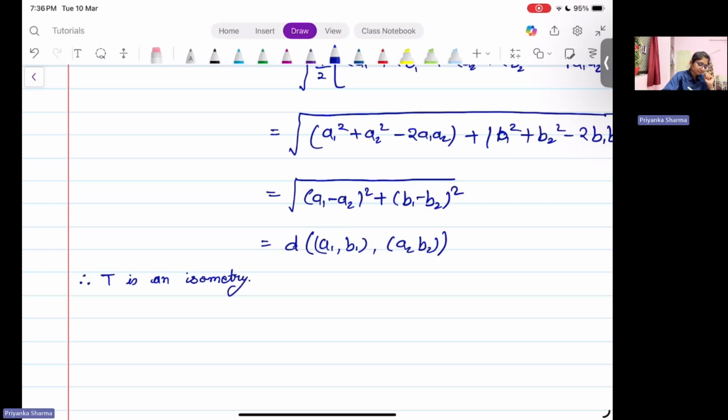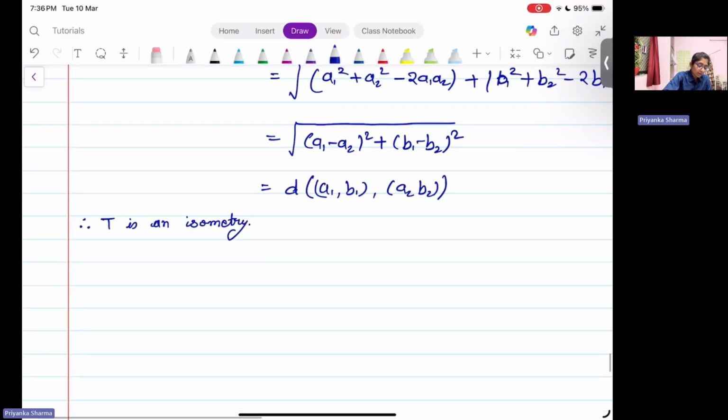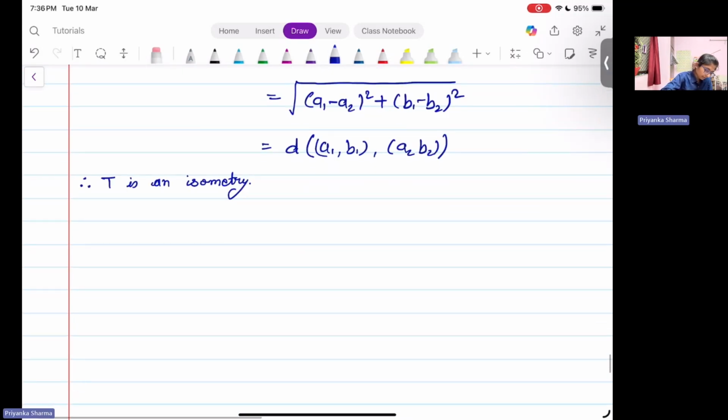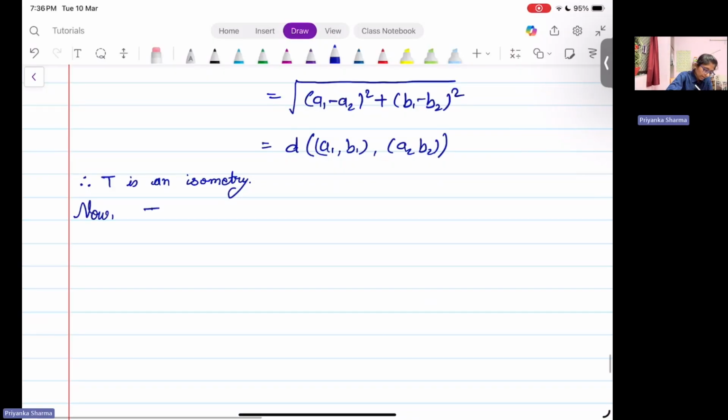Okay. Now again, we compute the corresponding matrix A. For that, we need the action of T on the standard basis elements. That is what is TE1 or T10.